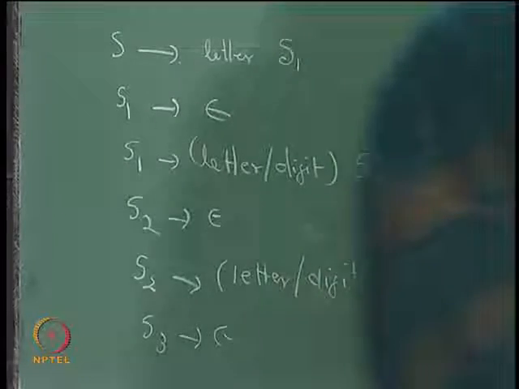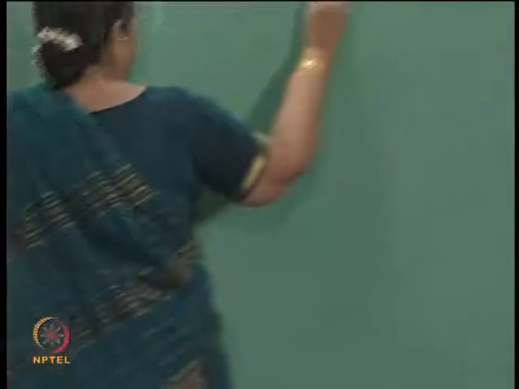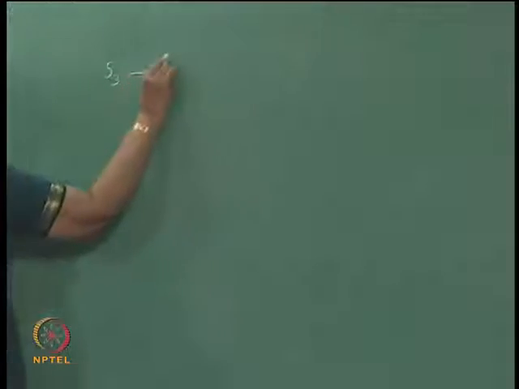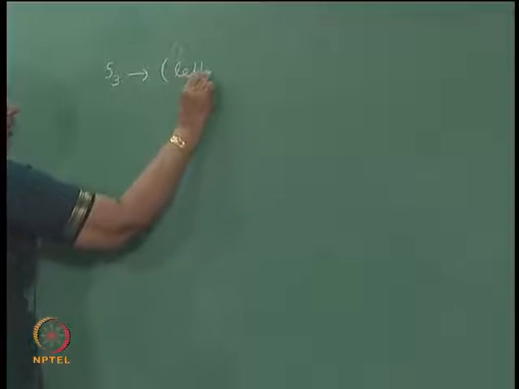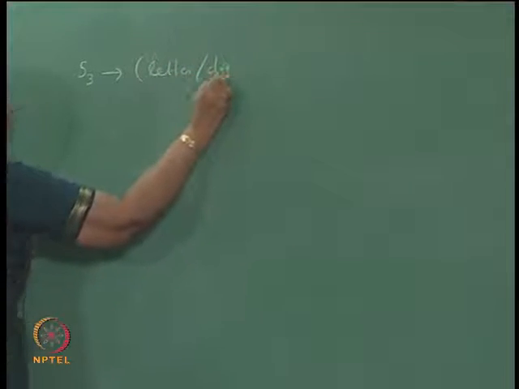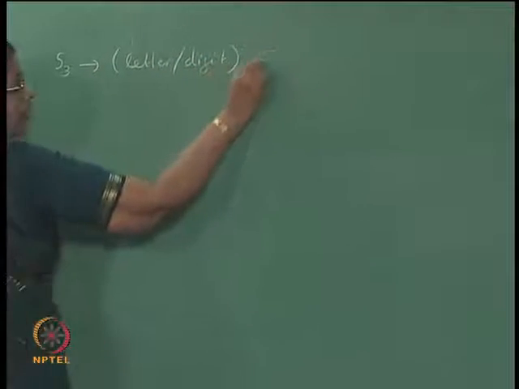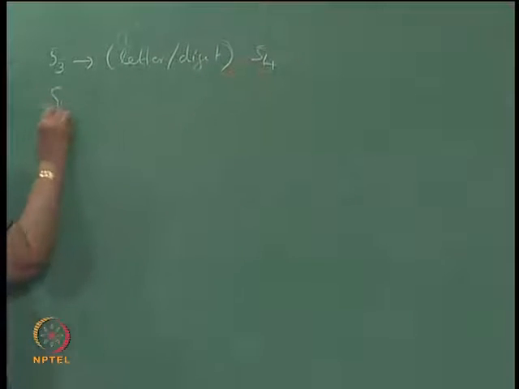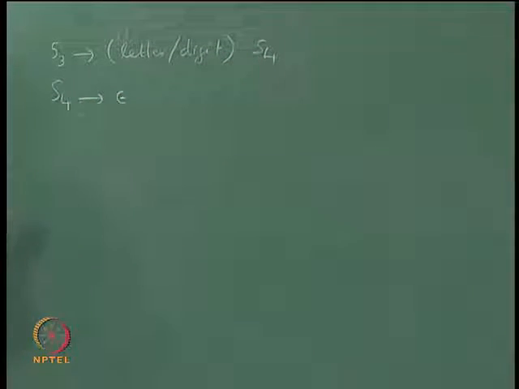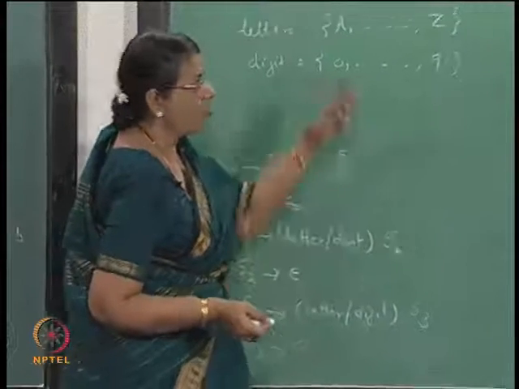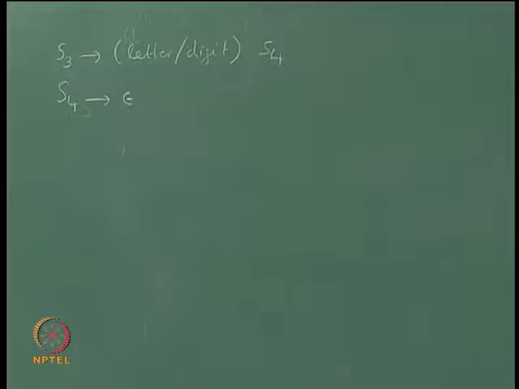If you want to generate the 4th symbol, S3 goes to letter digit S4, S4 goes to epsilon. So up to 4 symbols you can generate like that.